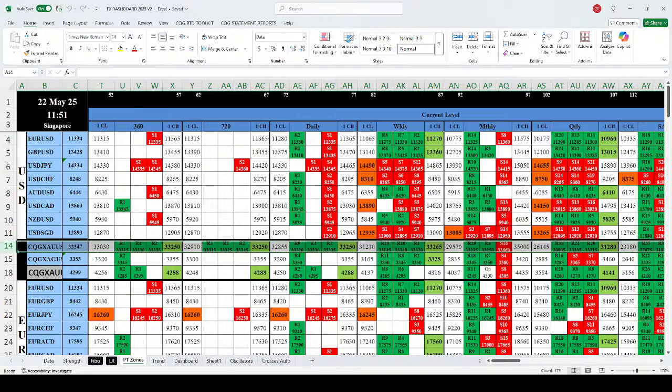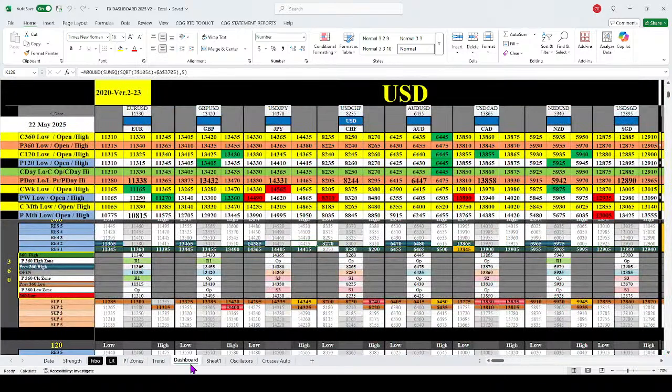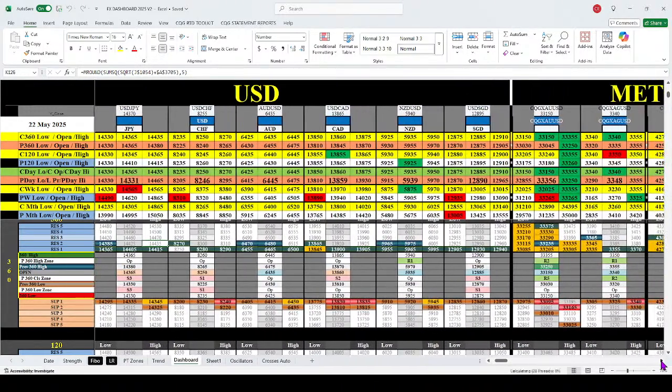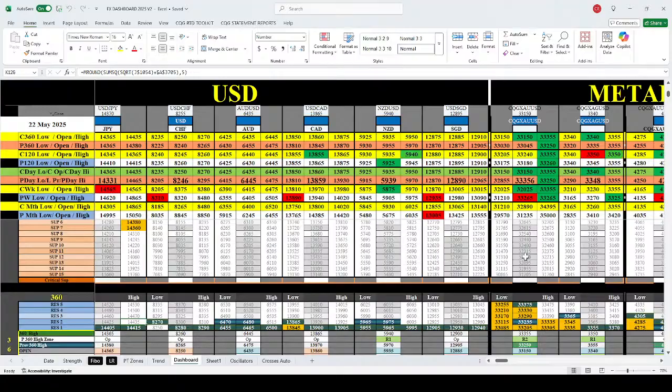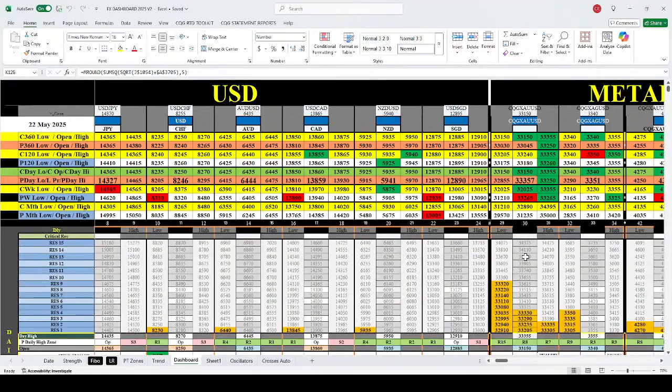Okay, so let me see how far it can go. So daily RR5, weekly RR5, and monthly levels. We need to gather the levels, then we know.